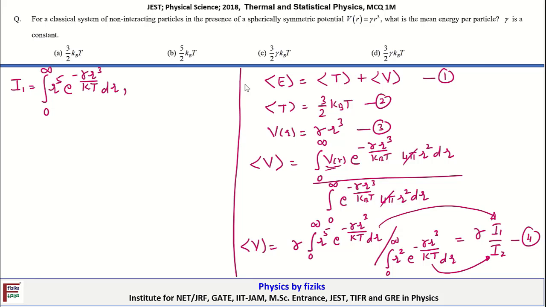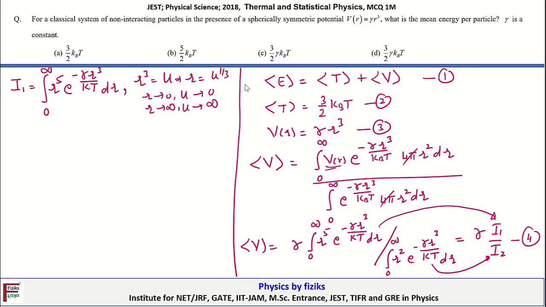Here we are going to make the same substitution in the numerator as well as in the denominator. I'm going to replace r cubed equal to u, so that r equals u to the power 1 by 3. As r goes to 0, u also goes to 0, and as r goes to infinity, u also goes to infinity.